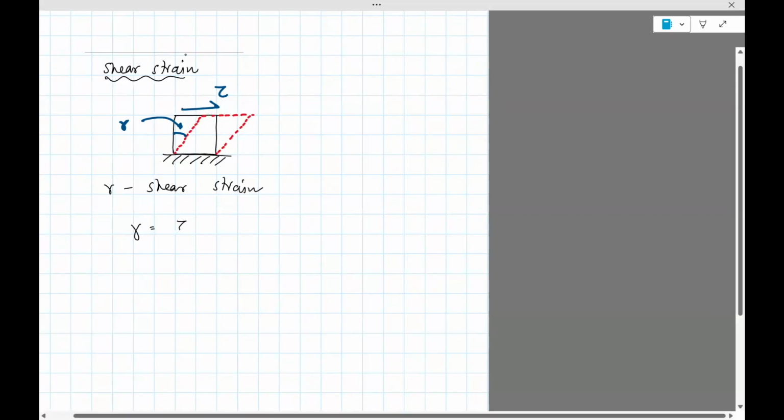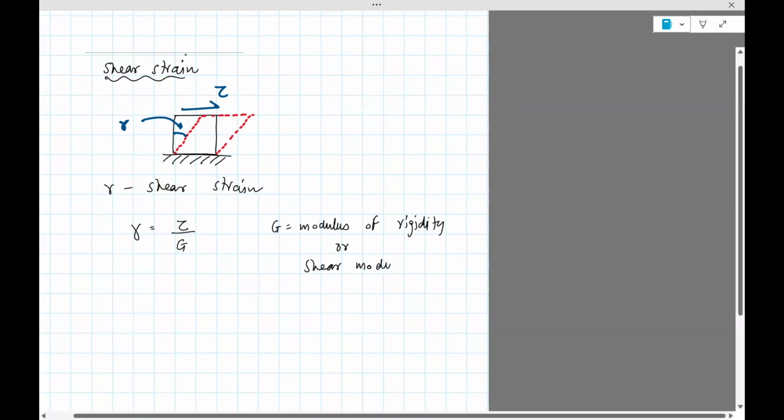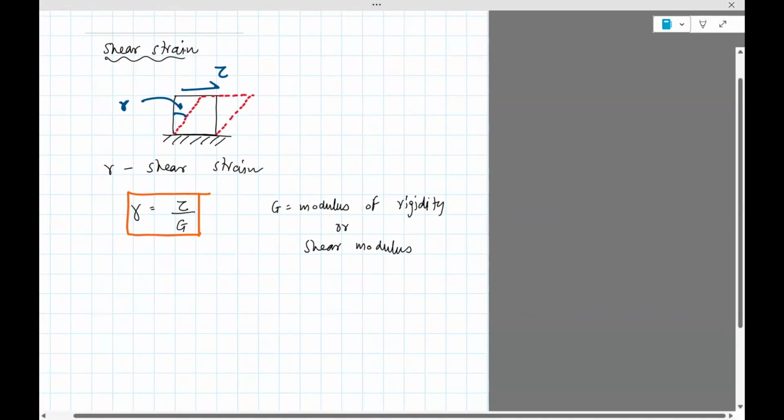Gamma can be obtained from tau if you know G, which is also known as the modulus of rigidity, or the shear modulus. Okay, it also turns out that you don't really need to know all the things, E, G, and nu.